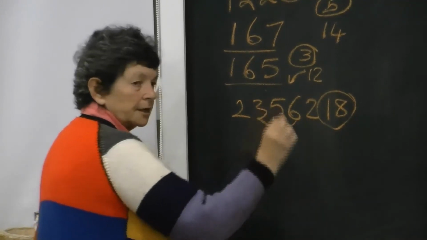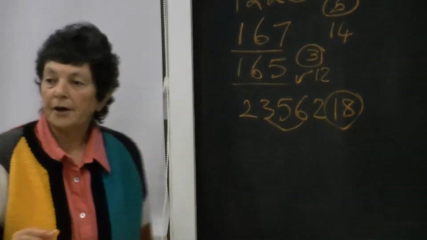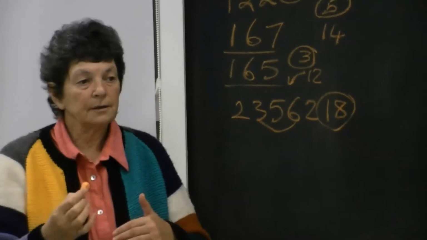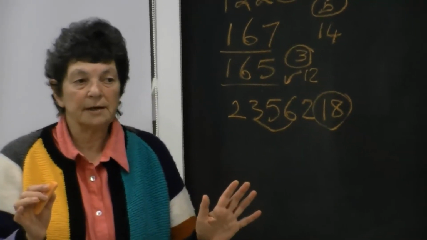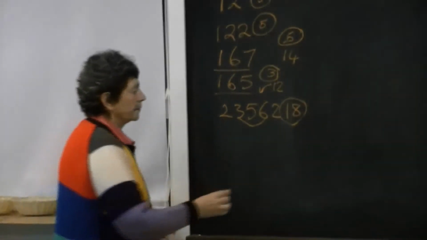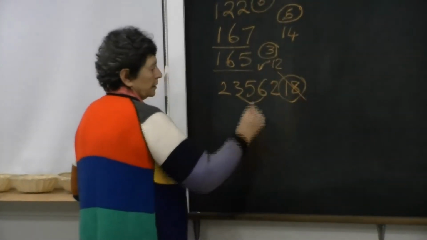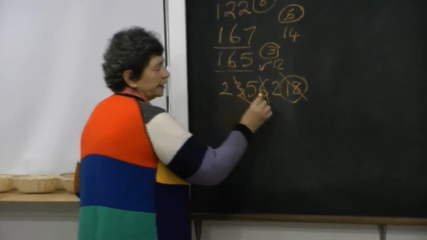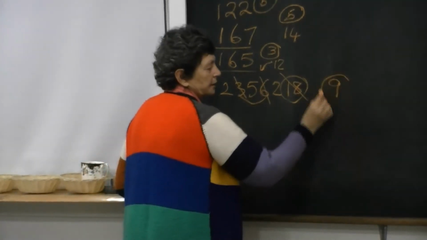So I've got a 9 and a 9 and a 9, and I know when I add a 9, I don't change the digit sum. So every time I've got a 9, I can throw it away, and I'll end up with 9 as the digit sum.